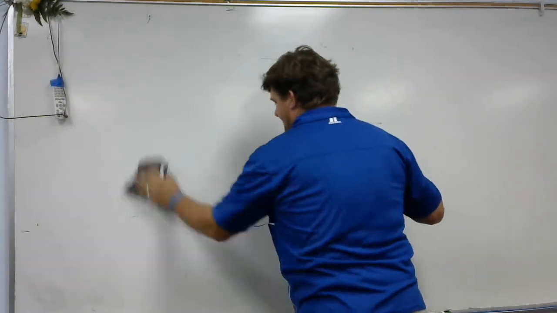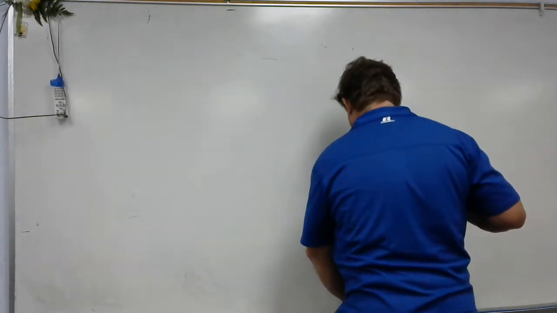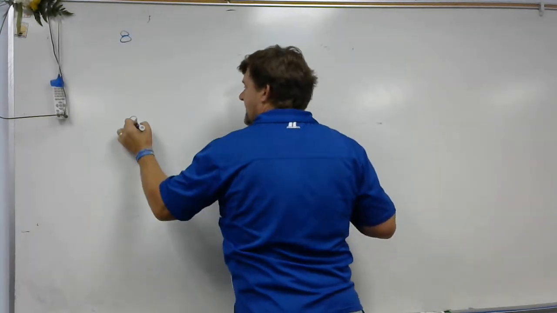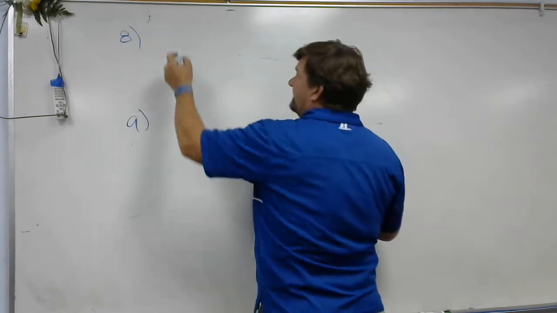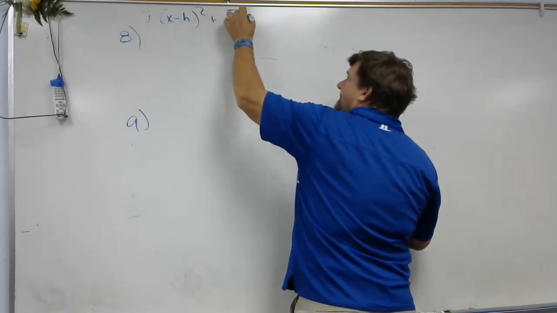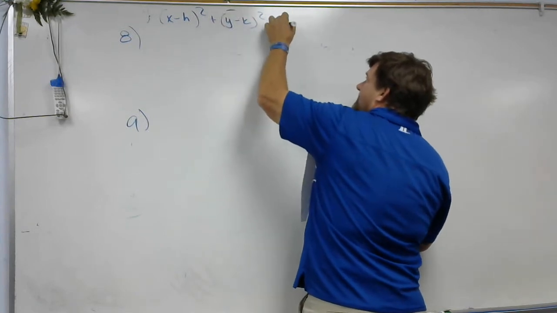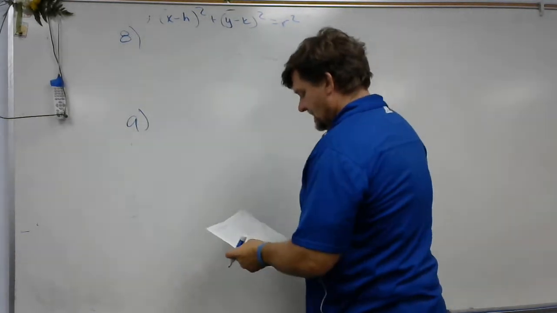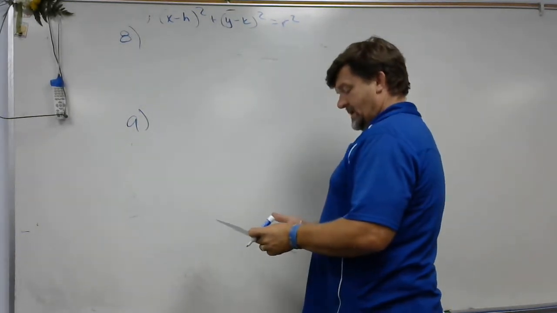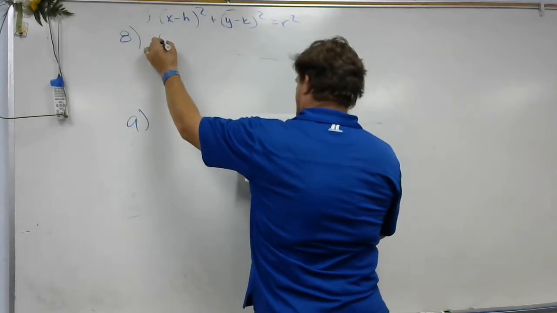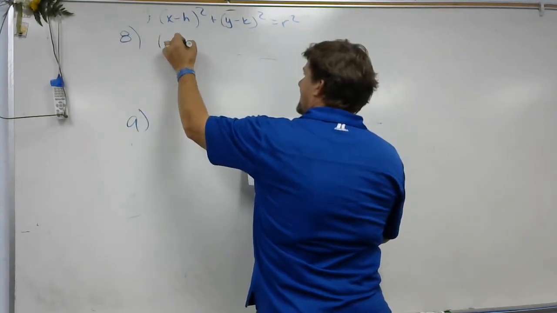So we will do 8 and 9 really quick. 8 and 9. Remember, for this one, we have x minus h squared plus y minus k squared equals r squared. That's the piece that you really want. And we end up with a center of negative 10 and 2.